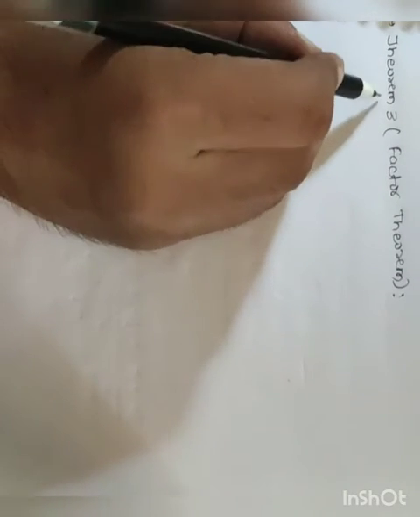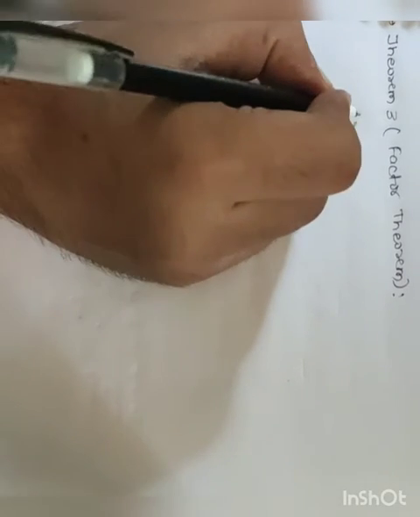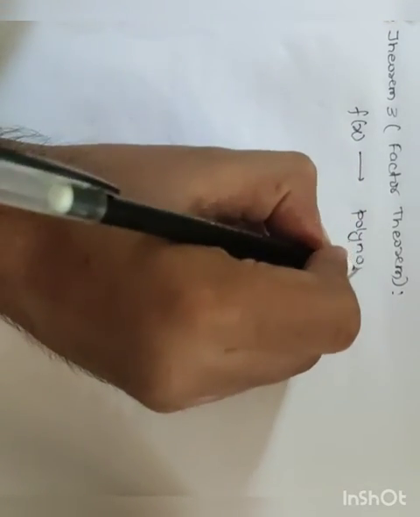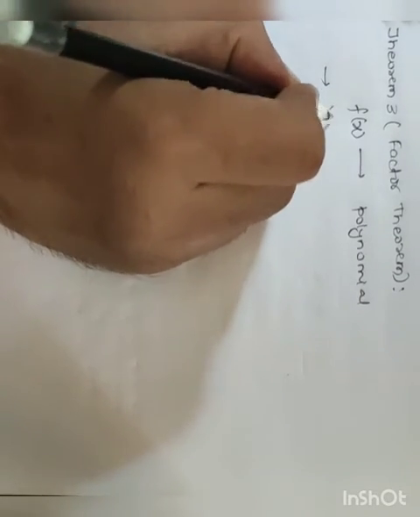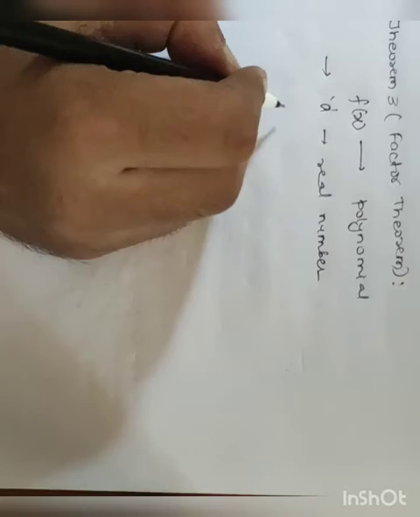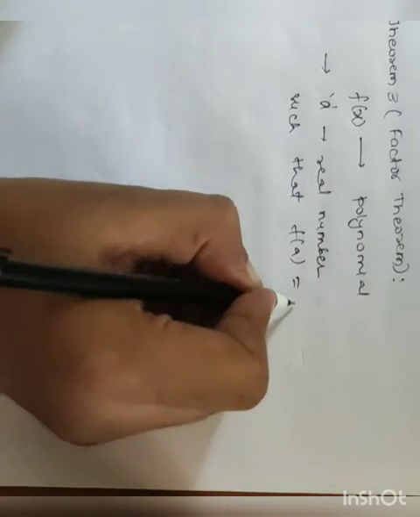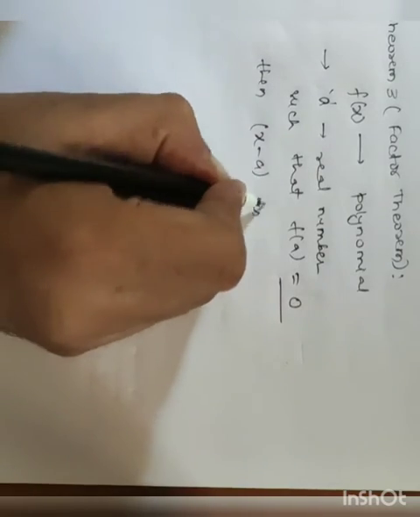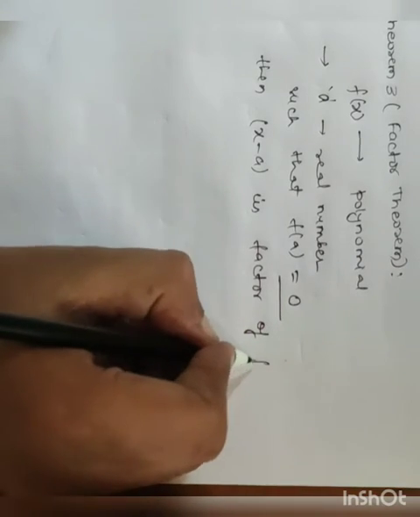Now we have theorem number 3, the factor theorem. According to the factor theorem, if f(x) is a polynomial and there exists a real number a such that f(a) equals 0, then x minus a is a factor of f(x).